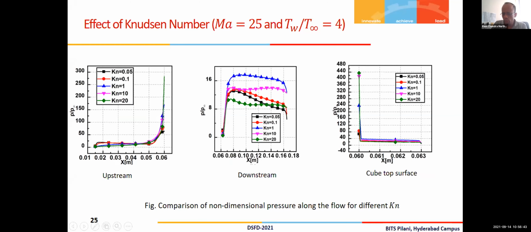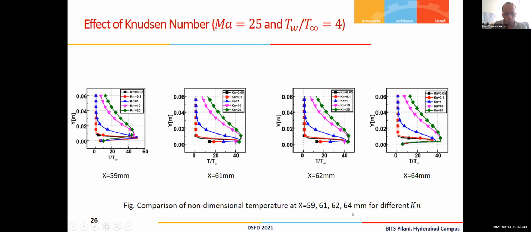So this is again pressure along the bottom surface for different Knudsen numbers, and we have non-dimensional temperatures plotted at different sections again. And here also we see a similar trend, that is on the upstream surface, the peak temperature has a higher value which decreases as we go downstream. And moreover, for low Knudsen numbers, the peak temperature is even closer to the wall, whereas as the Knudsen number increases, the temperature effects are felt deeper into the free stream in the free molecular regime.